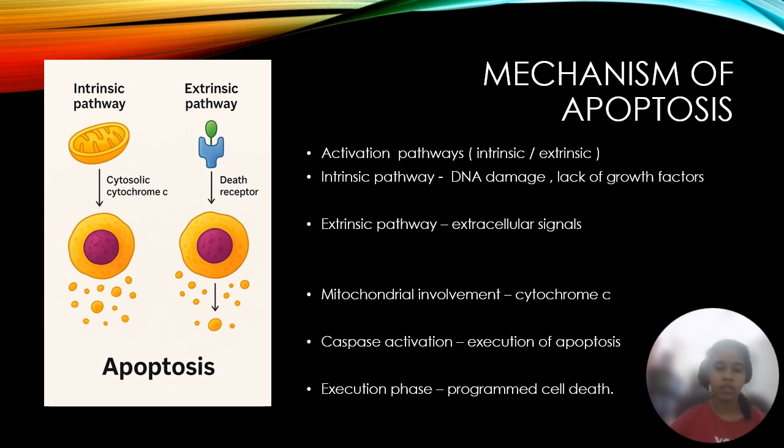There is mitochondrial involvement and caspase activation, and at last there is the execution, that is, cell death. How does it happen? First, the intrinsic pathway. The intrinsic pathway happens due to DNA damage, because of a lack of growth factors or survival factors. It involves mitochondria; it's mitochondria dependent.